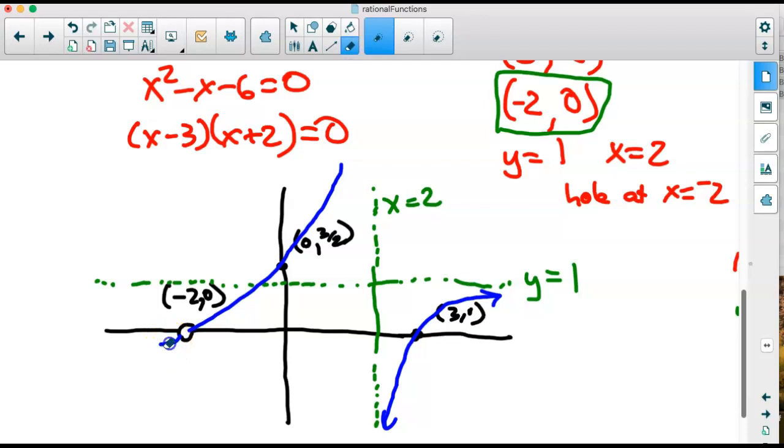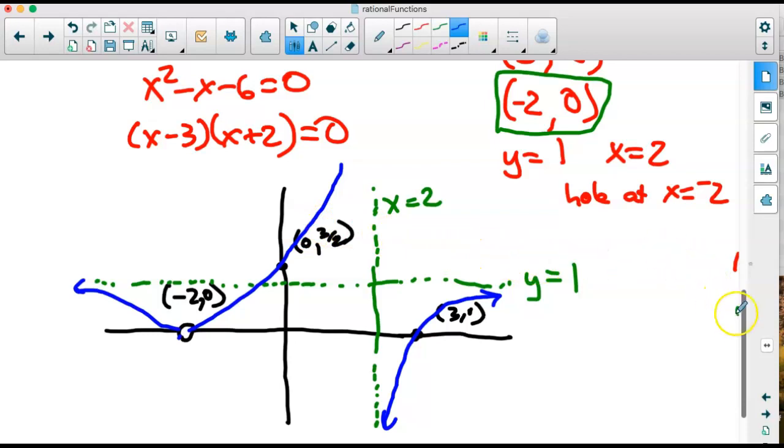So what I'm guessing here is that it looks like this and comes back up to the asymptote like that.